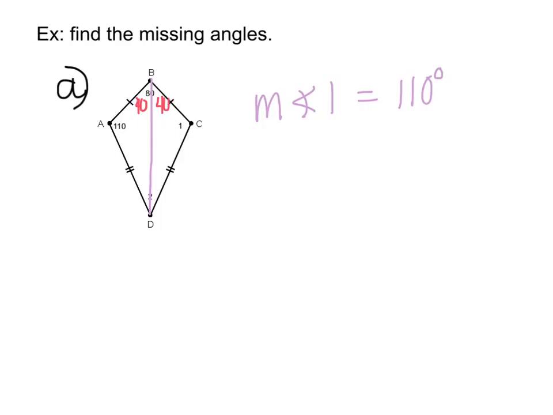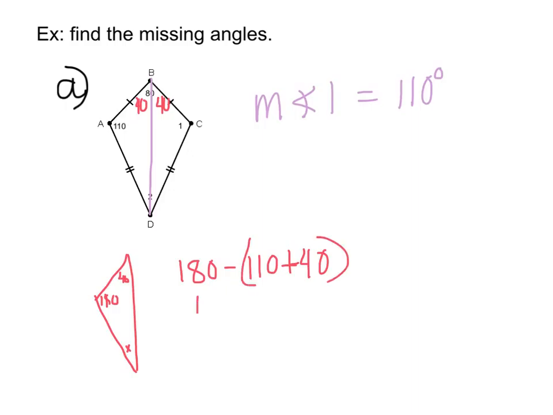Now, if I draw it to the side here, I now have a triangle. All triangles add up to 180 degrees, so I know that this is still 110 and that this is 40. I can find half of angle 2 by subtracting from 180. I take 180 minus 110, but I have to add 40 to it first.